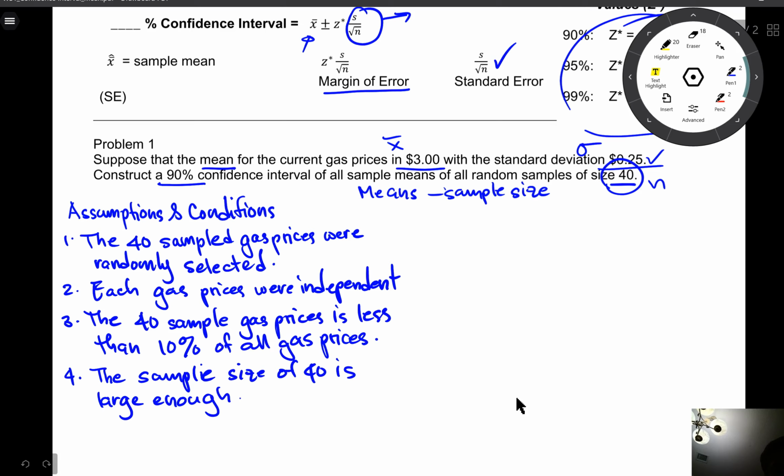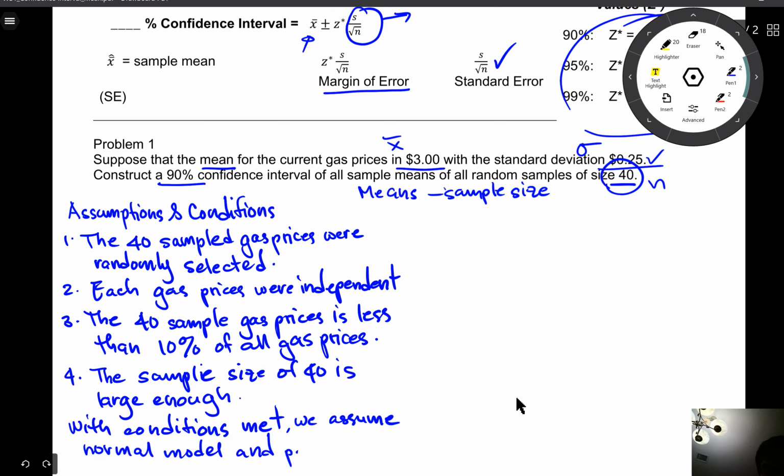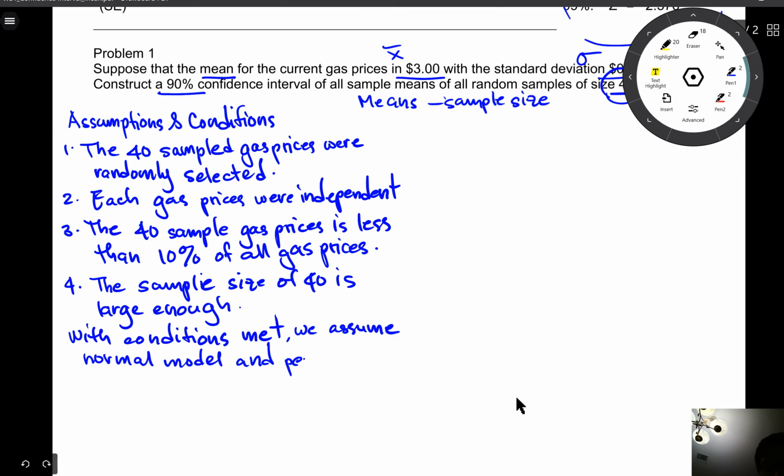So we are going to say here, with conditions met, there's no comma there, sorry, we assume normal model and perform one sample z interval, because we are going to be using z.